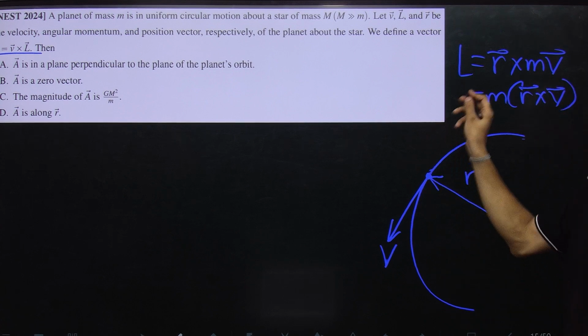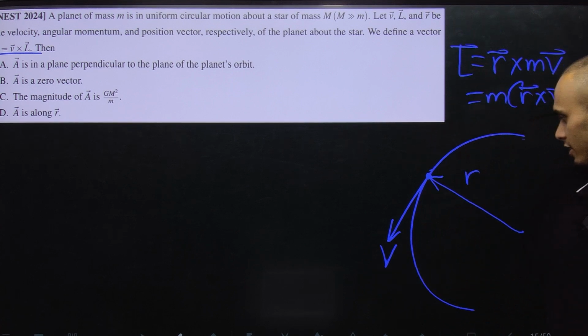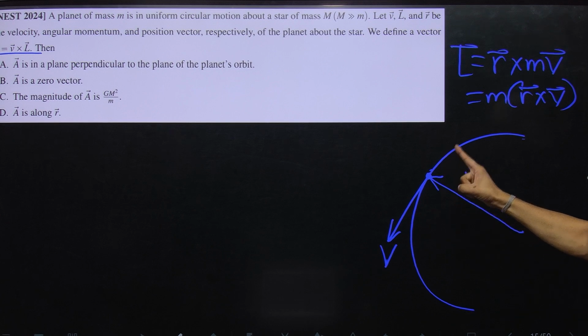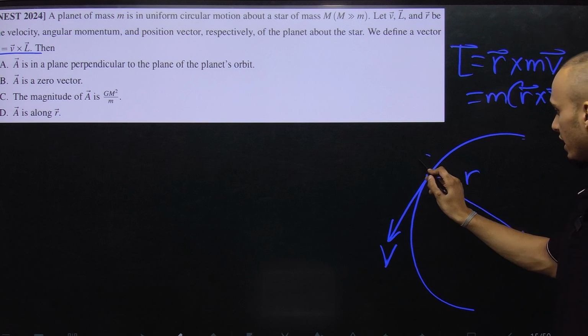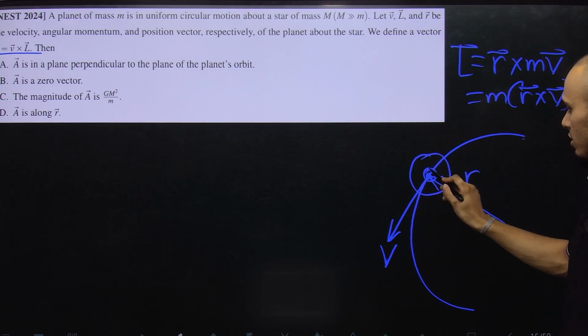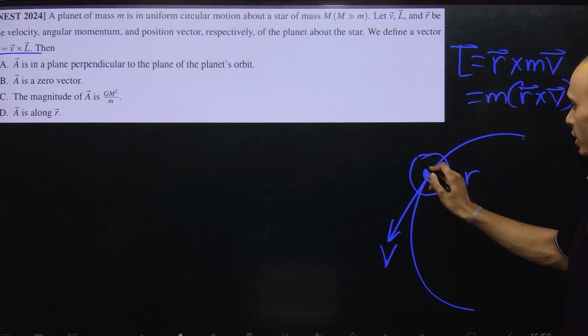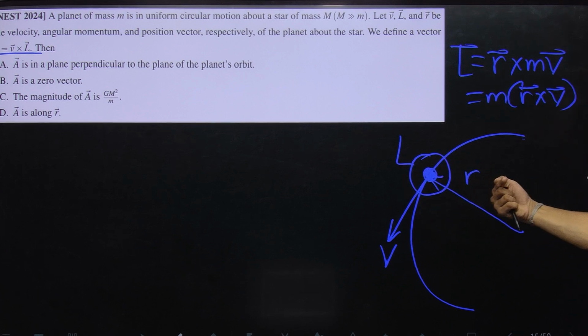So from the right hand rule, the direction of L will be r cross v. So L will be in my thumb direction, which is exactly outwards from the plane of this board. This is the direction of the L vector, outwards from the plane of the board.